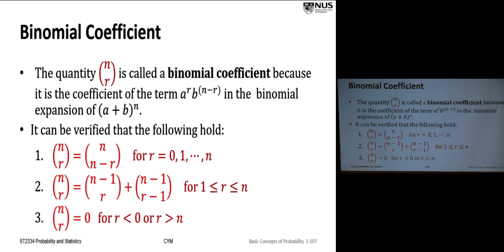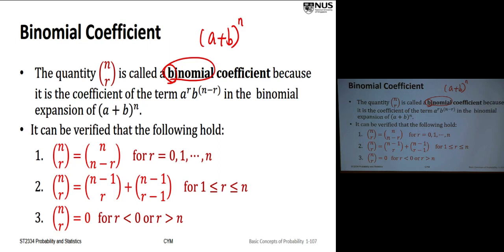Now, this is a little bit mathematical, but it's quite interesting. You know what is binomial? You know what is bi? 2, right? Binomial means that we are considering two things. So basically, we are considering the coefficients of expansion of this.